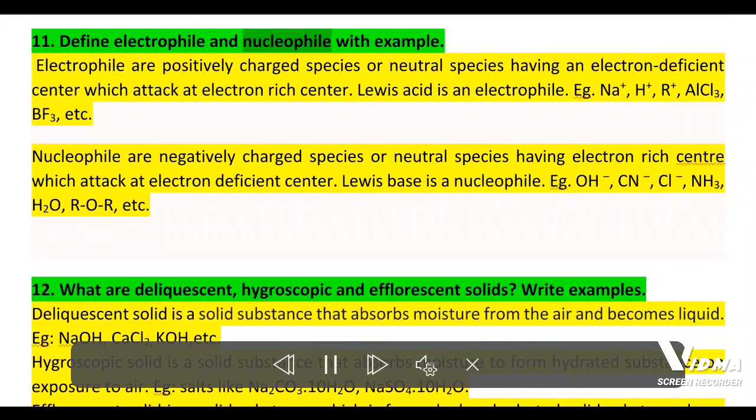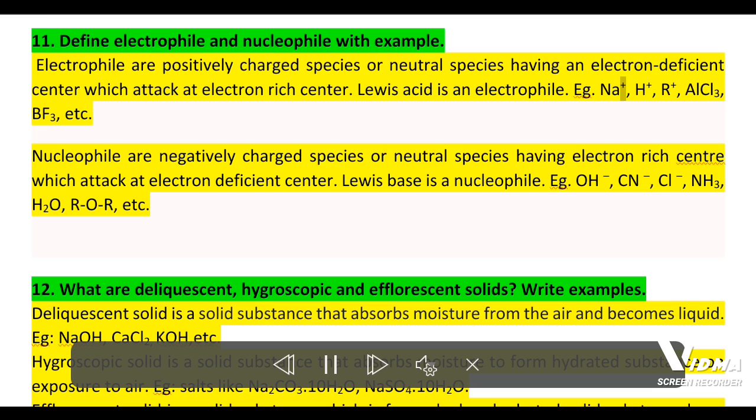11. Define electrophile and nucleophile with example. Electrophiles are positively charged species or neutral species having an electron-deficient center which attack at an electron-rich center. Lewis acid is an electrophile.